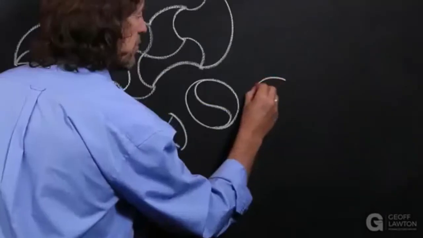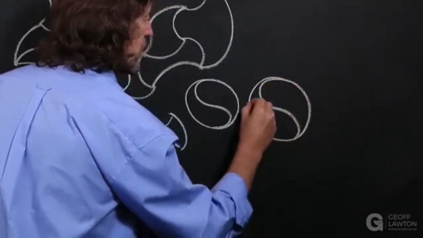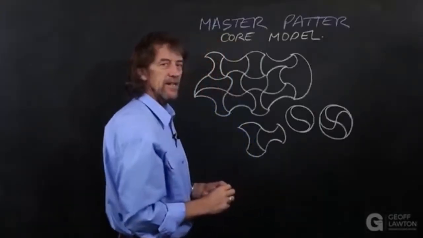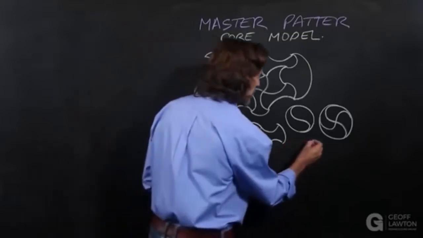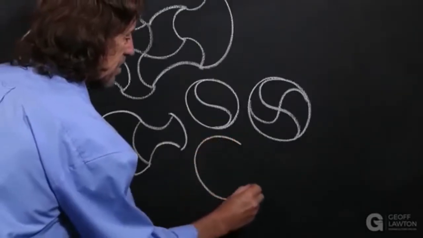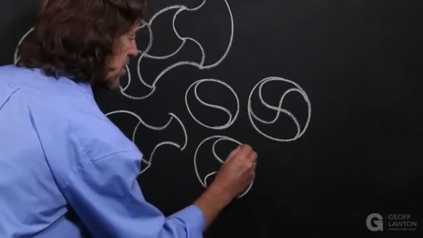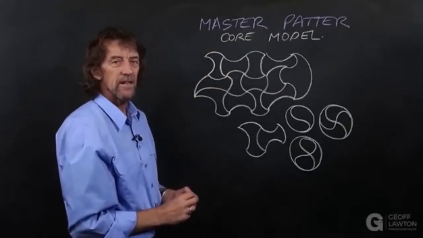And then if you overlay that with another one, you get one of these, which is a swastika pattern. And then if you go the other way and you overlay one of these, you get one of these, which is the infinity pattern.